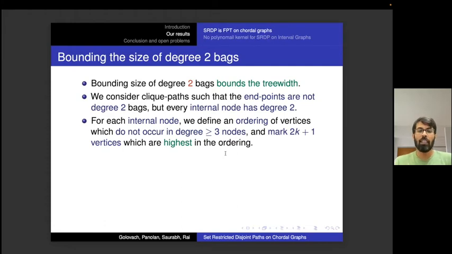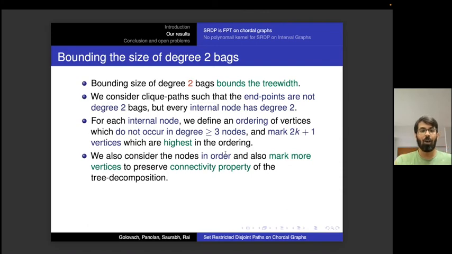We mark only the vertices which occur on this path. The vertices which occur on the endpoints, we don't mark them. And again, we mark some 2k vertices which are highest in this ordering. And this ordering also is kind of which vertices go the farthest and so on, but it is slightly more complicated because of technical reasons, but in spirit, it remains the same.